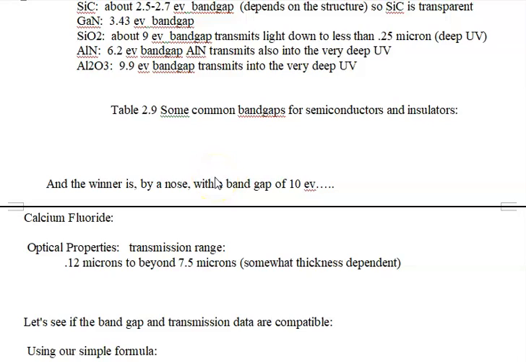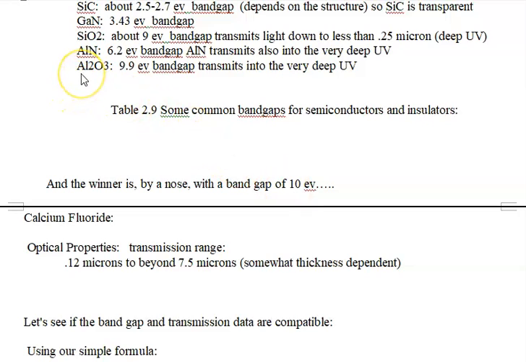And the highest band gap is, as expected, well, not expected, it is composed of two very light atoms. Calcium is very light on the extreme left side. Fluorine is very light on the extreme right side. By light, I mean way up in the periodic table. And that has a band gap of 10 eV.